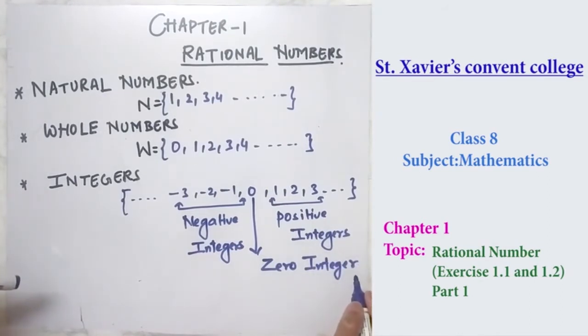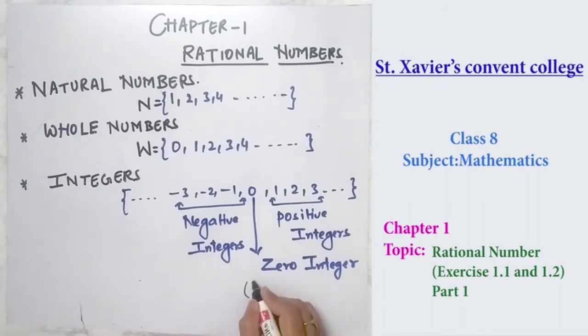The fact about 0 is that it is an even whole number. 0 is also called the even whole number.